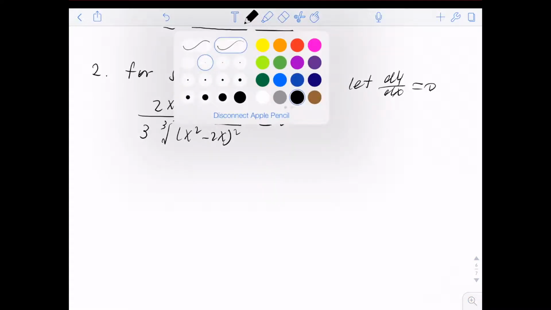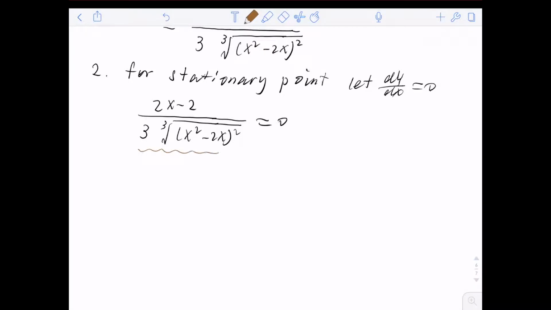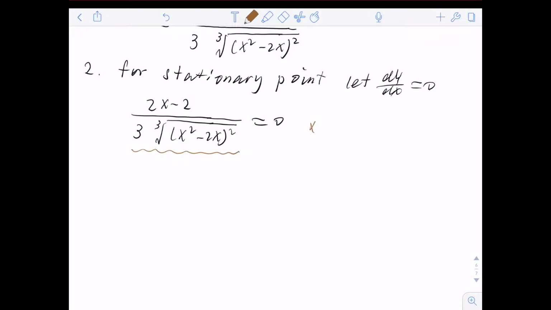My denominator here is that. So how do I remove it? I multiply top and bottom by the denominator, and the left-hand side also gets multiplied by 3 cubic root of (x squared minus 2x) squared on both left and right.